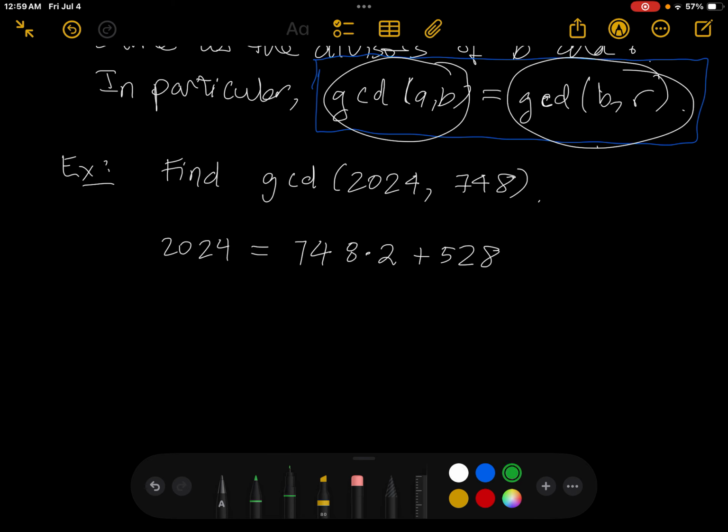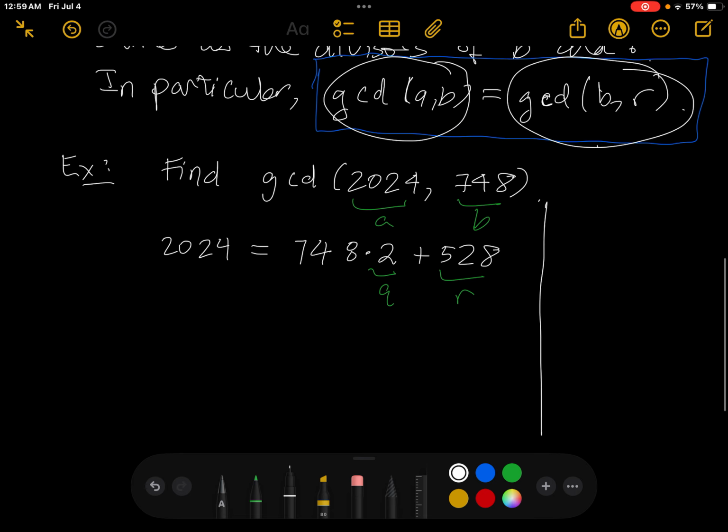So just to be clear, let's call this our a and let's call this our b. So this 2 would be our q and that's our r, right? So what we found above is that the GCD of 2024 and 748 is equal to the GCD of b, 748, and r, which is 528.